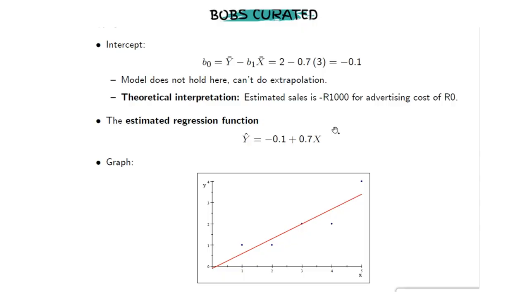So the important point is, if you work with regression and you are going to estimate values, you should always make sure whether it is possible to extrapolate for those particular values. In this case it clearly doesn't make sense, but from a theoretical point of view, that is going to be the interpretation of the intercept.